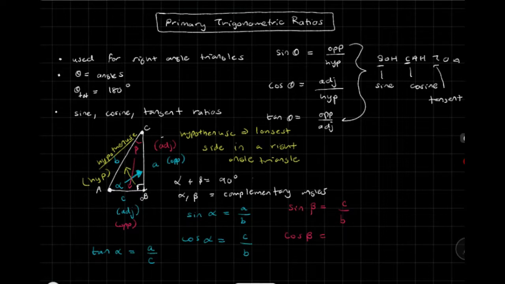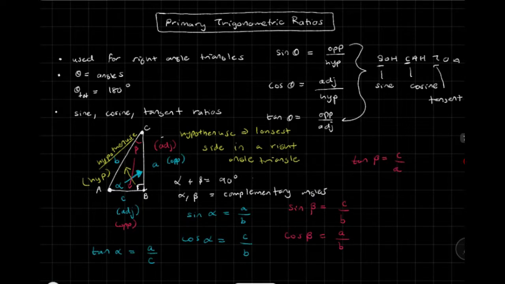If we look at beta, the adjacent side now becomes A. We're going to get A over the hypotenuse, B. And tan beta is going to give us the opposite, which is now C, over the adjacent side, which is A. So now we get C over A.